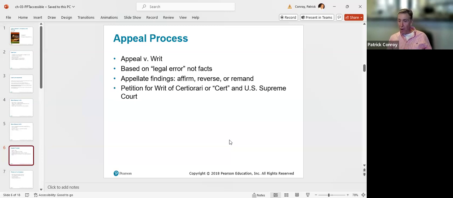Affirm means the lower court was right. Reverse means the lower court was wrong. Remand means we're sending this back, so it might say we reverse this decision, and then we're going to send it back to the lower court for them to work out some other issue. An appeal is called a petition for writ of certiorari, or cert, and the U.S. Supreme Court is the highest.